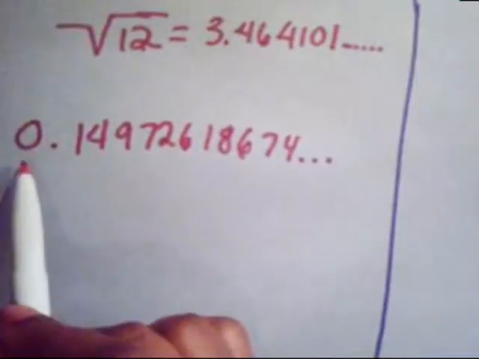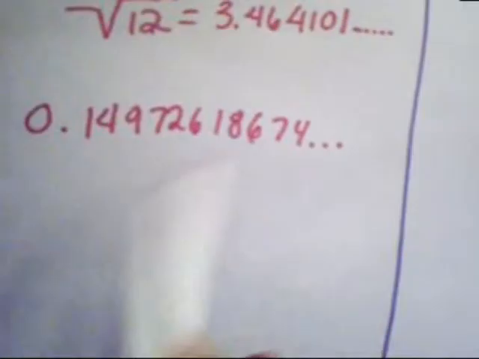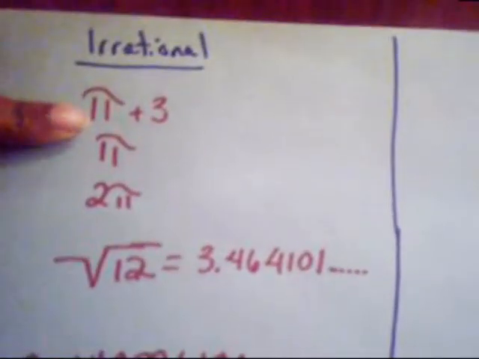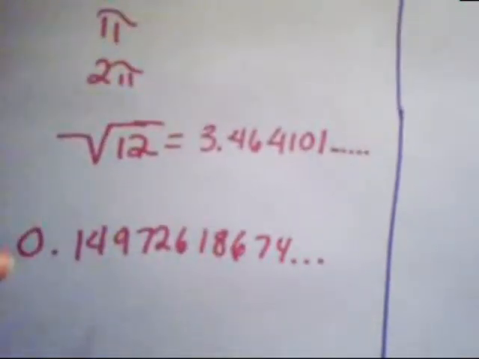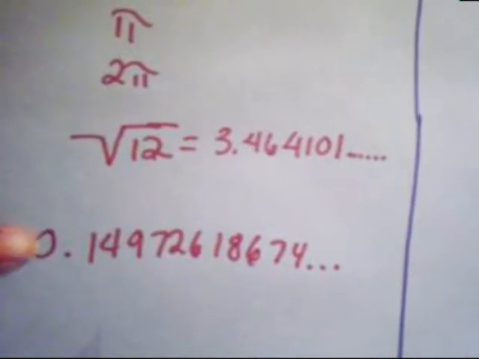This is called a non-terminating decimal, which means it goes on and on and doesn't repeat itself. So guys, any number that has any dealings with pi, any number that is not a perfect square, and any non-terminating, non-repeating decimal are irrational.